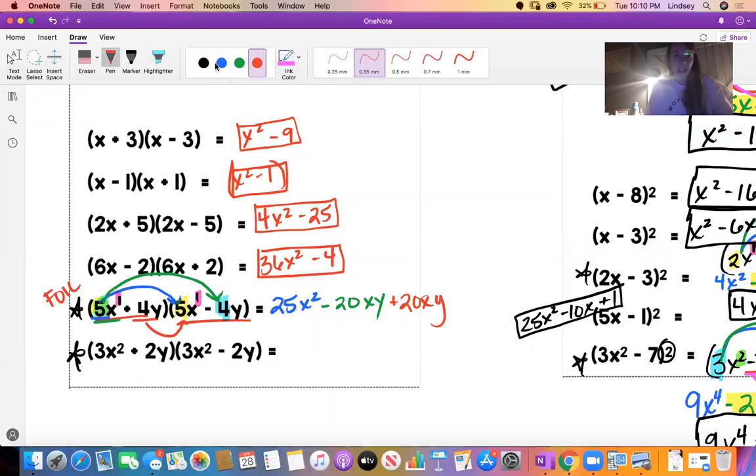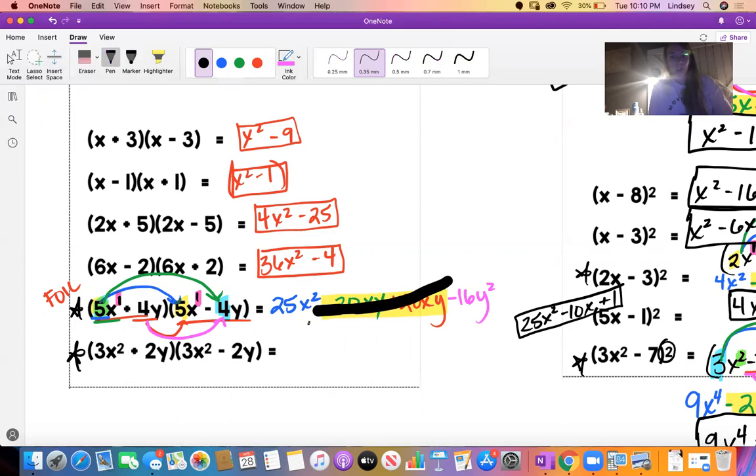All right, and then last we have -4y times -4y. That's going to be -16y squared. All right, we're going to combine our like terms, the xy term. So I have a negative 20xy plus 20xy. Those cancel.